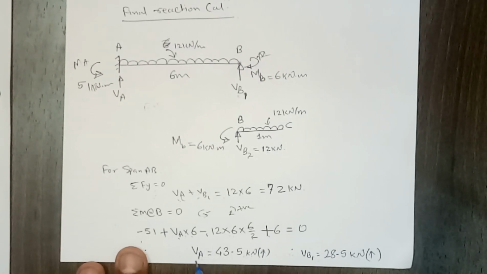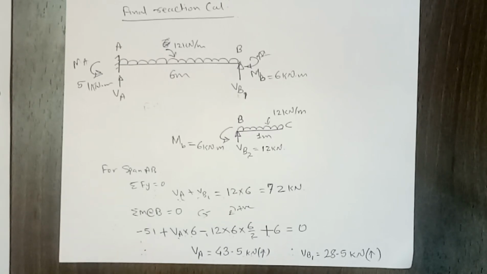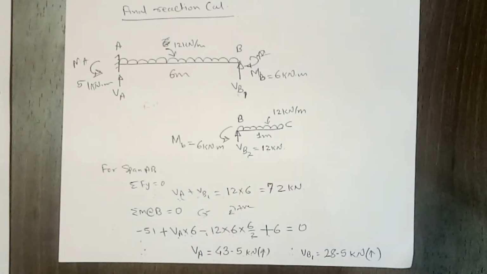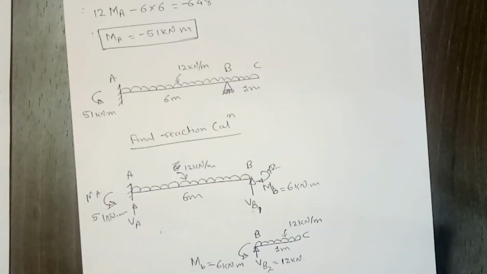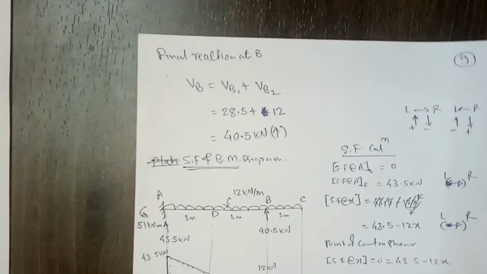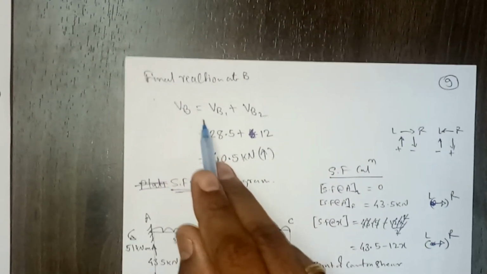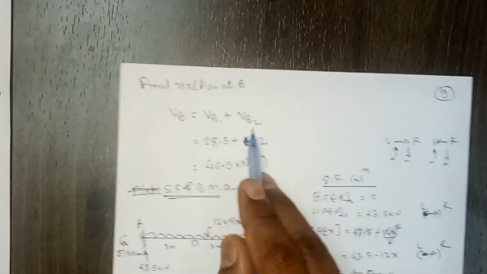If you simplify that, you'll get VA equal to 43.5 kilonewton upward and VB1 equal to 28.5 kilonewton upward. So total vertical reaction at B will be VB equal to VB1 plus VB2.